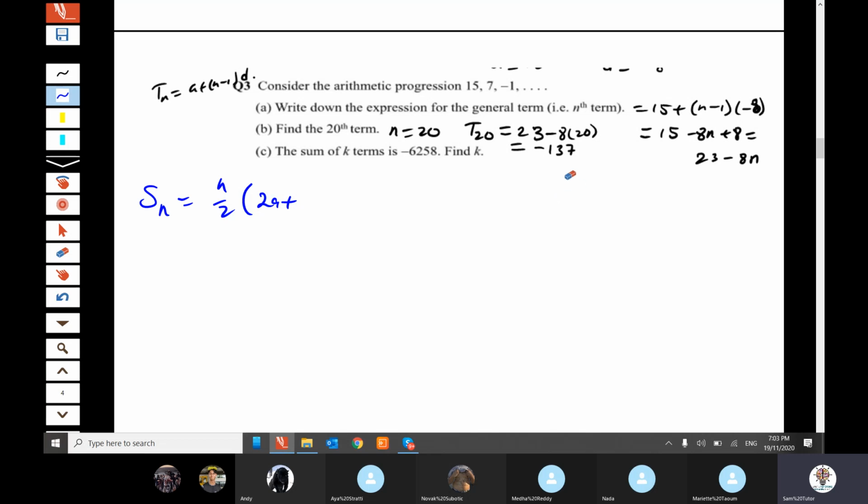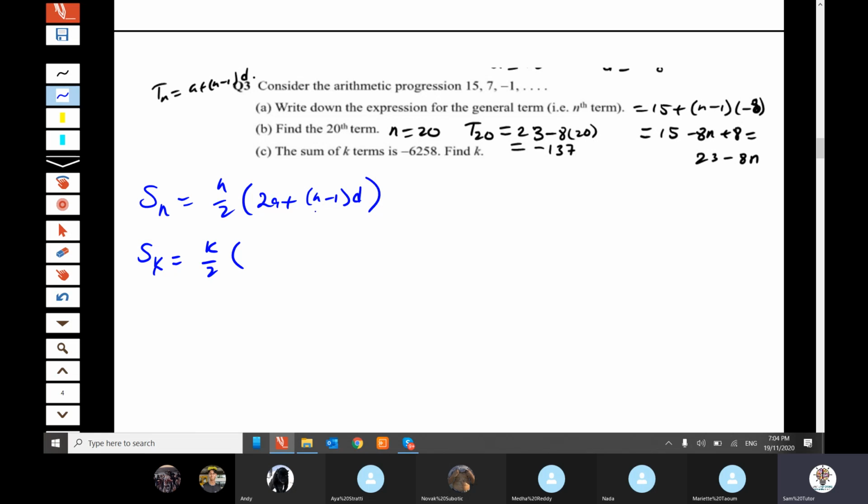15 plus (n minus 1) times negative 8. The sum formula is n over 2 times (2a plus (n minus 1)d). What does n equal? n equals k.